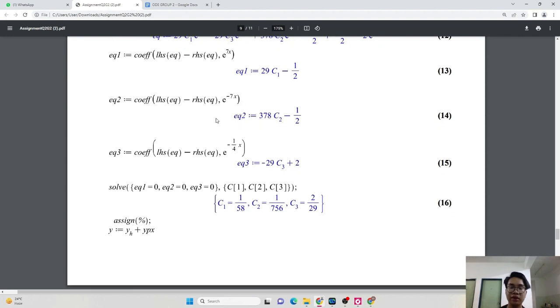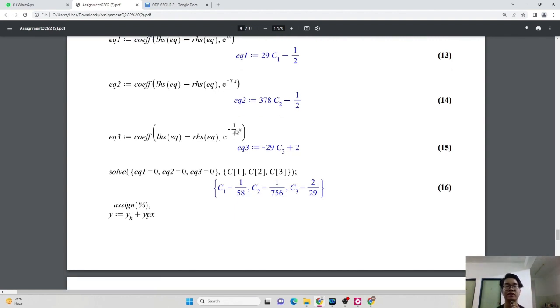And the 14th step is equation 2 equal to coefficient bracket LHS equation negative RHS equation e power of negative 7x. Then the answer is equation 2 equal to 378 C2 minus 1 over 2.